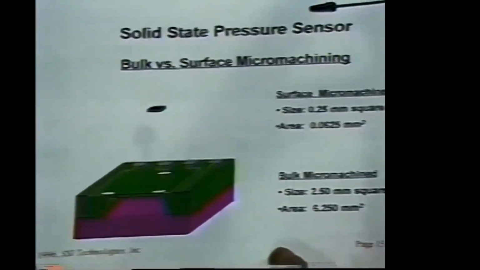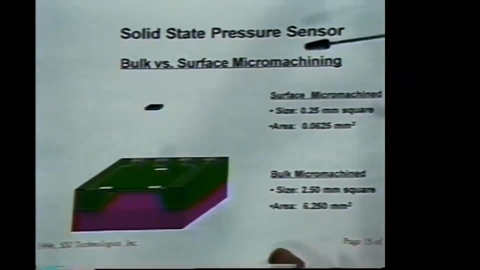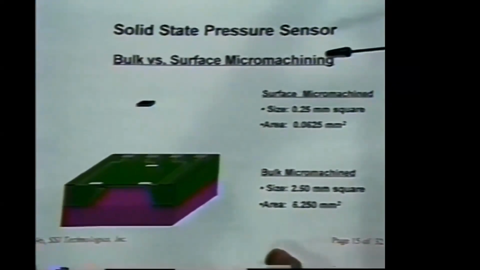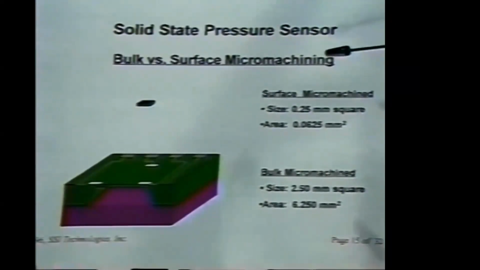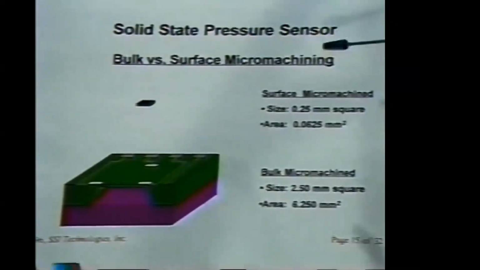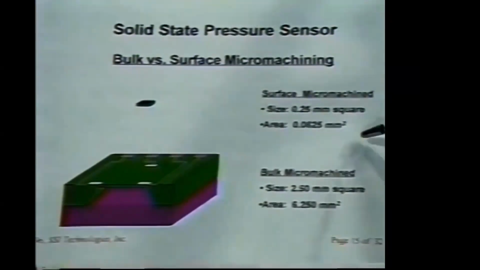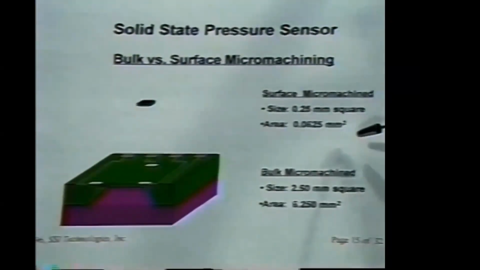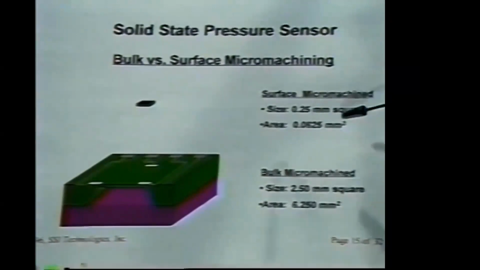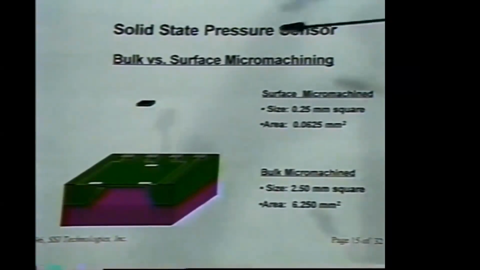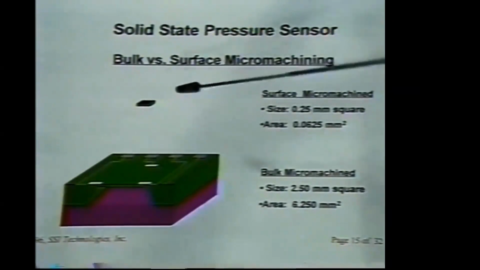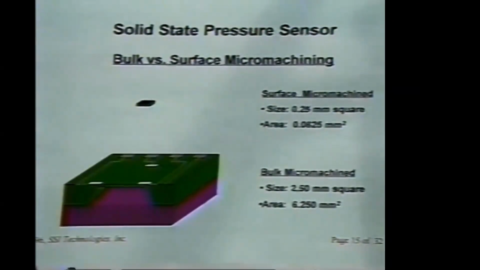Basically, a surface micromachine pressure sensor for an equivalent pressure range of that of a bulk micromachine pressure sensor will be about 100 times smaller in size. And as Rich pointed out earlier, size in silicon means cost. So therefore, we can achieve substantial savings by going to a surface micromachine membrane over that of a bulk micromachine membrane.